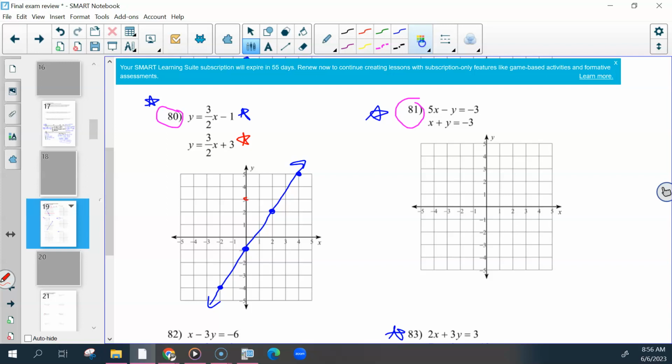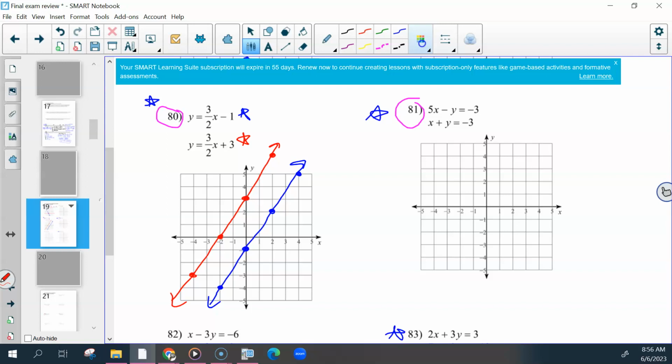This one starts at 3. Slope is the same. I can't really go up 3 unless you go off, but I can go down 3 and left 2 twice. If I wanted to go off the graph, that point would be there. Connect those dots, draw a line with arrows.